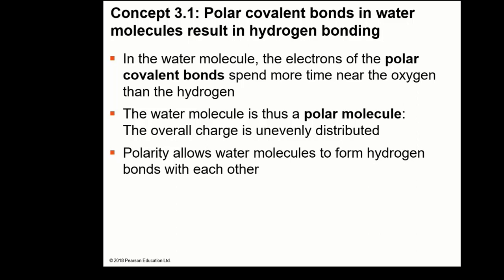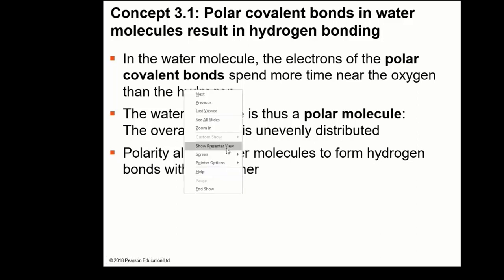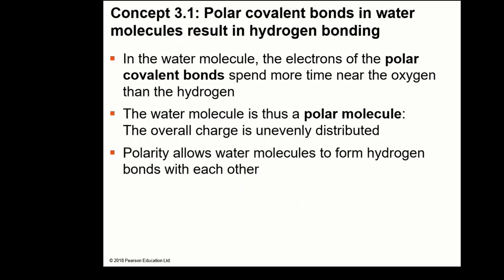So the polarity will be the determining factor which will force the water molecules to form hydrogen bonds with each other. So in these water molecules, the electrons of the polar bonds spend more time near the oxygen than the hydrogen.